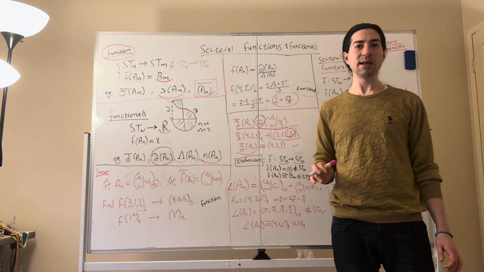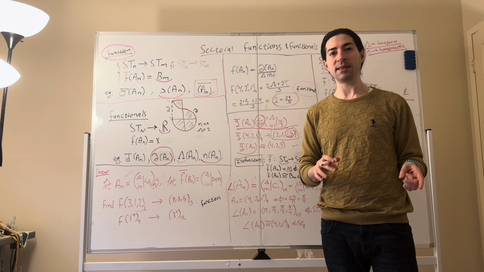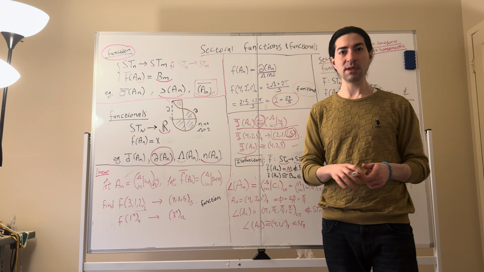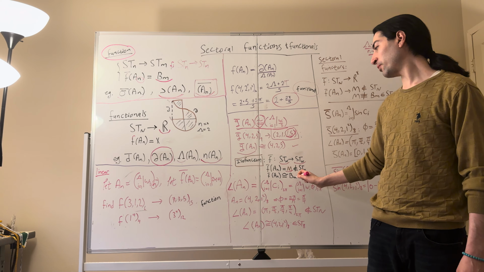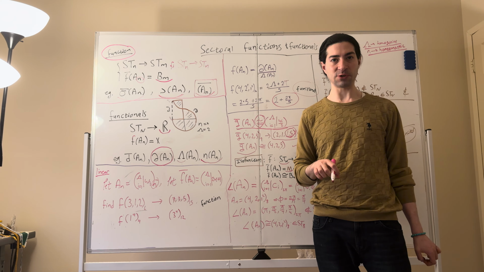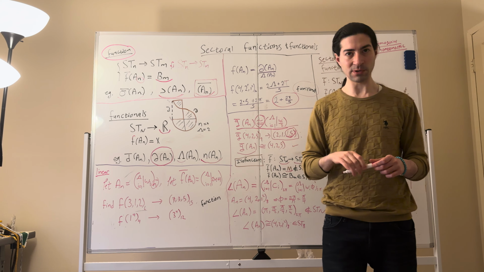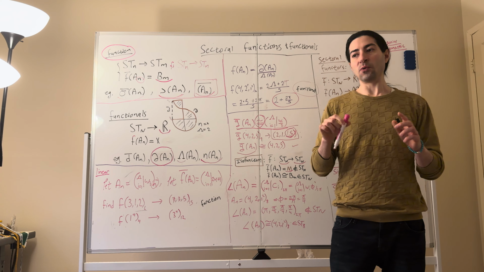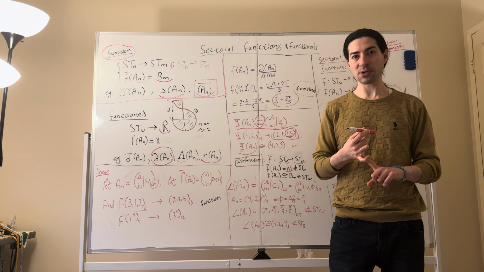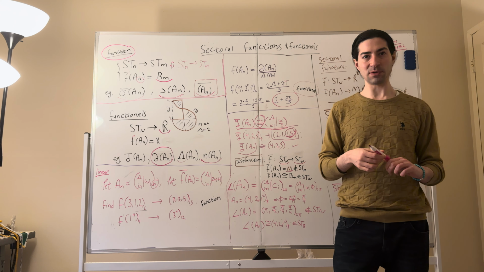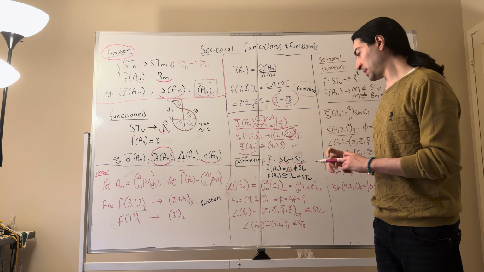When we apply the function to An, we get a result that is not a sectoral structure. However, f bar of An is isomorphic to a sectoral structure. So this is what we call an isofunction for a sectoral structure. We get a result that is not a sectoral structure, but it is isomorphic to one, and therefore we say that this is indeed an isofunction.